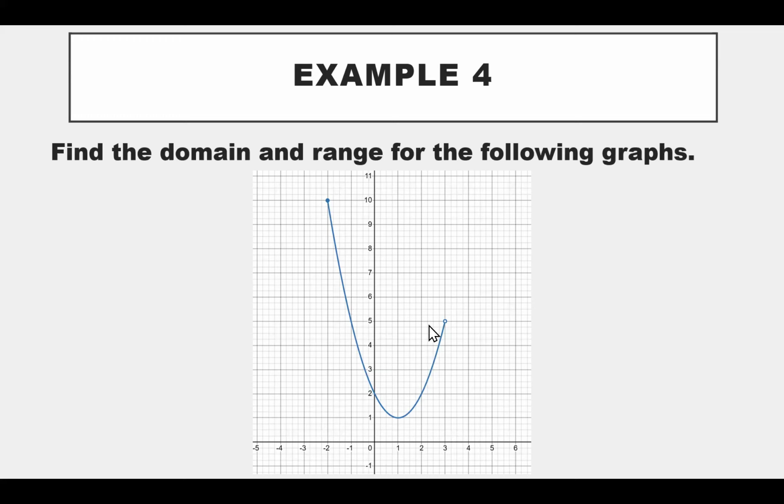Now, by the way, even though there's an open circle here at 5, there's also a point over here which has y value of 5. So the y value of 5 is being reached just by this point, not this one. So that tells me that the range goes from 1 all the way up to 10 and looks like it touches 1, looks like it touches 10.